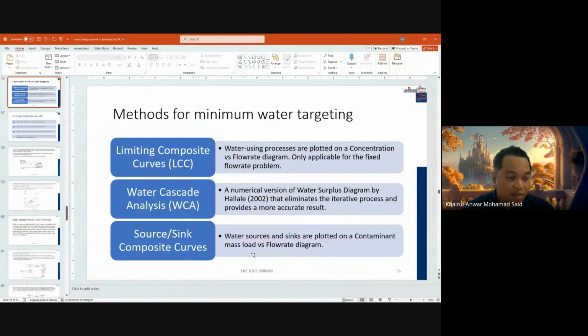So to achieve thermodynamic rigor, we must move beyond the graph and into the water cascade analysis. By choosing this second method, this numerical tool eliminates the graphical inaccuracies of drawing the curve. So how to do it?